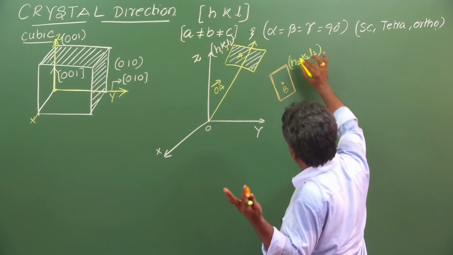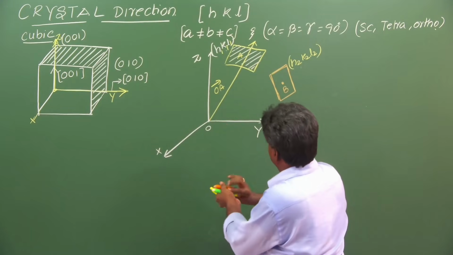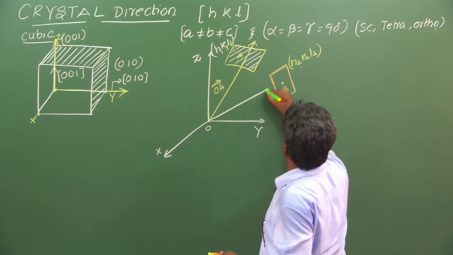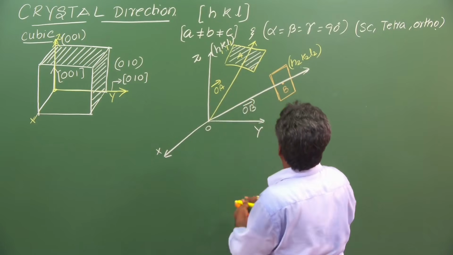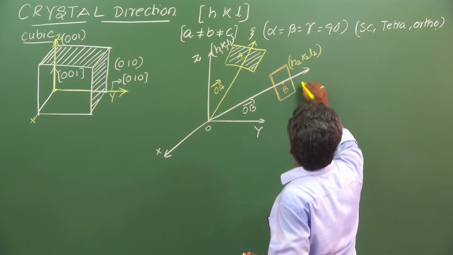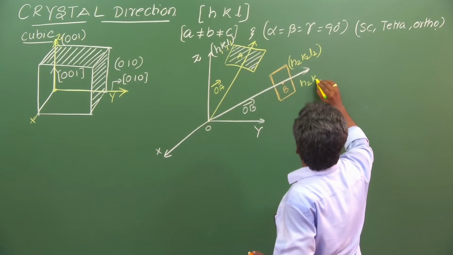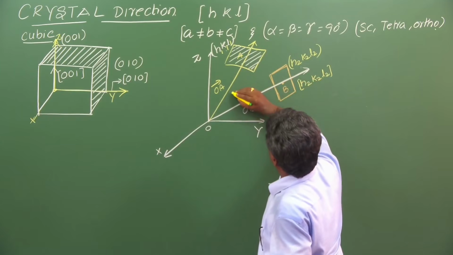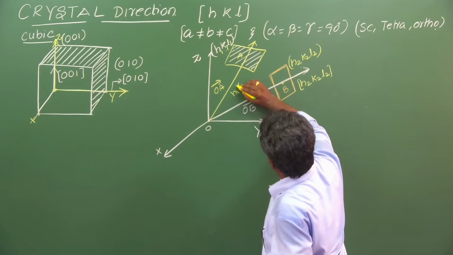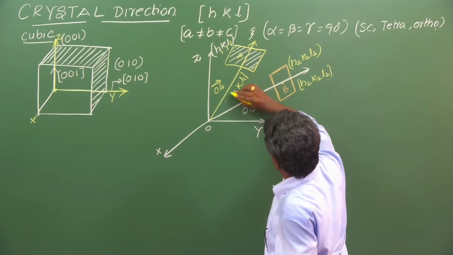Now I am just joining these two, that means a normal. This is OB bar. So the OB bar is represented by [H2 K2 L2] in square bracket, and this OA bar [H1 K1 L1] in square bracket.